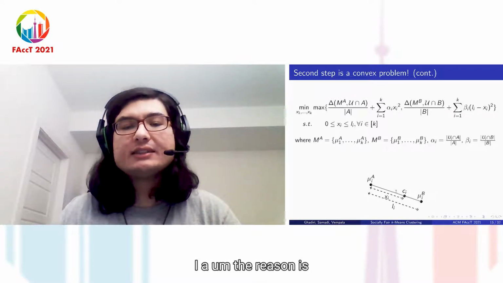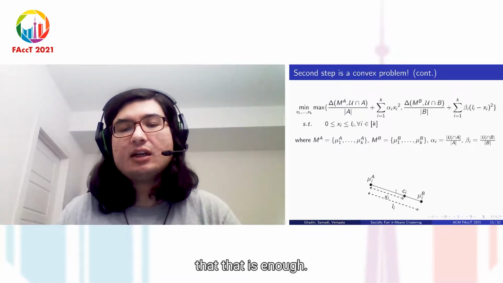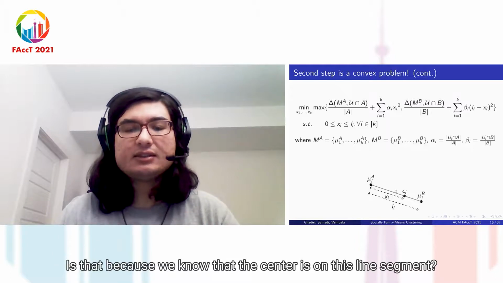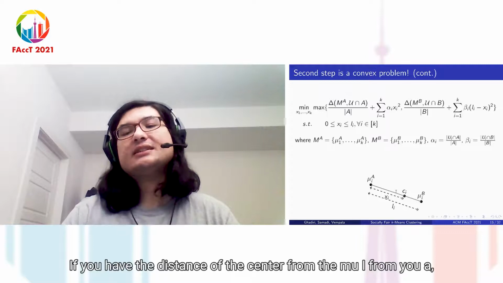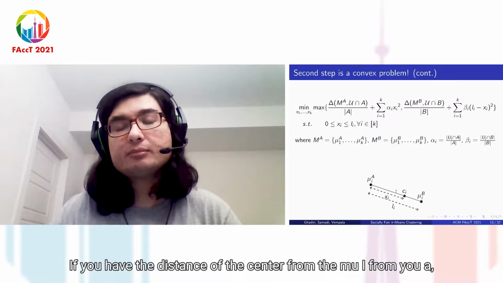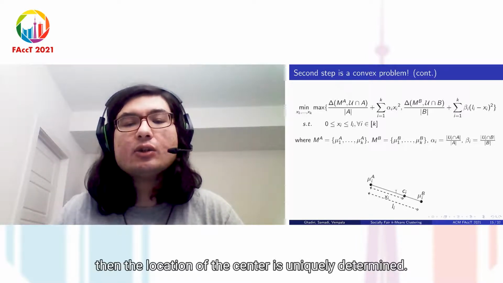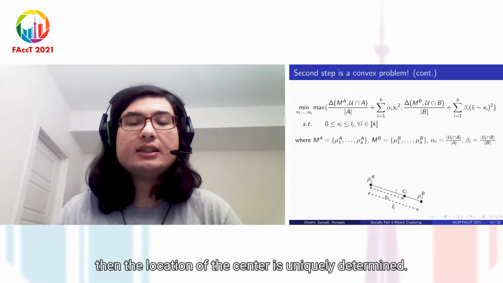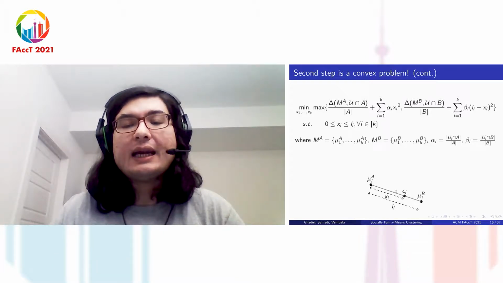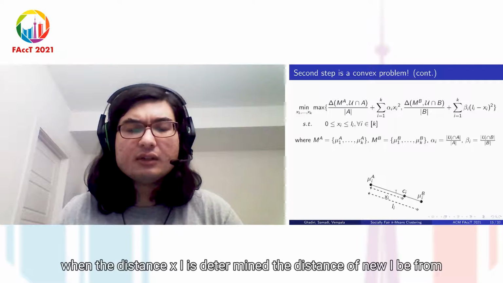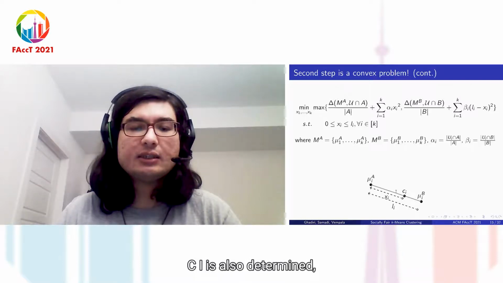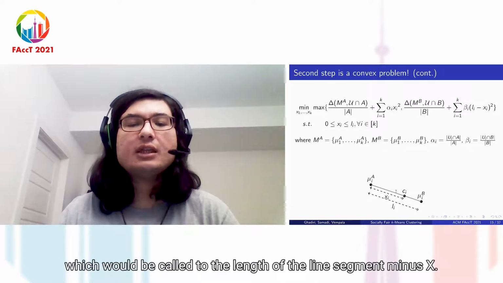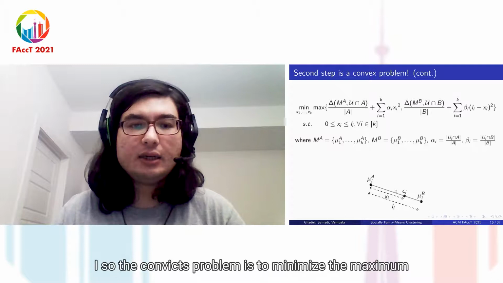That is enough because we know that the center is on this line segment, so if we have the distance of the center from mu iA, then the location of this center is uniquely determined. Also, when the distance xi is determined, the distance of mu iB from Ci is also determined, which would be equal to the length of the line segment minus xi.